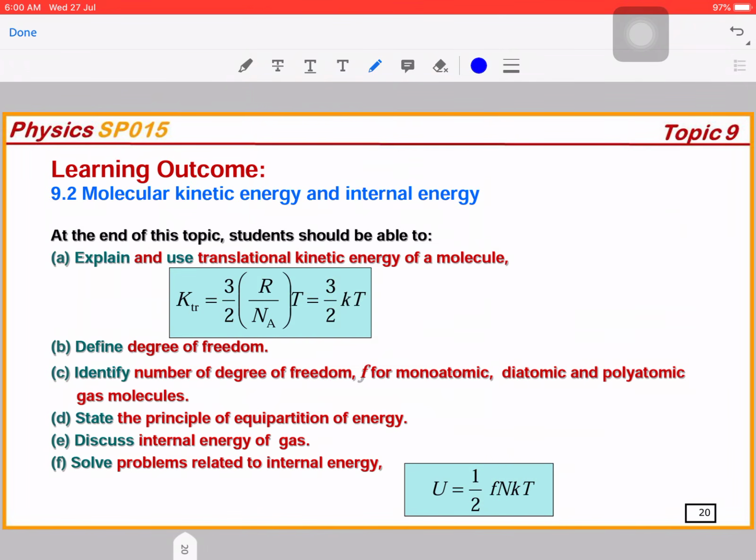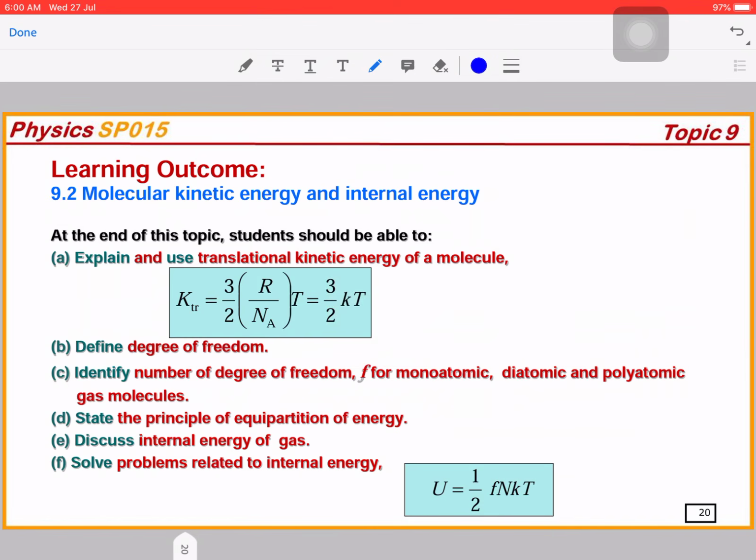Next, we're going to look at topic 9.2, molecular kinetic energy and internal energy. Learning outcomes: at the end of this topic, students should be able to: A, explain and use translational kinetic energy of a molecule. B, define degree of freedom.